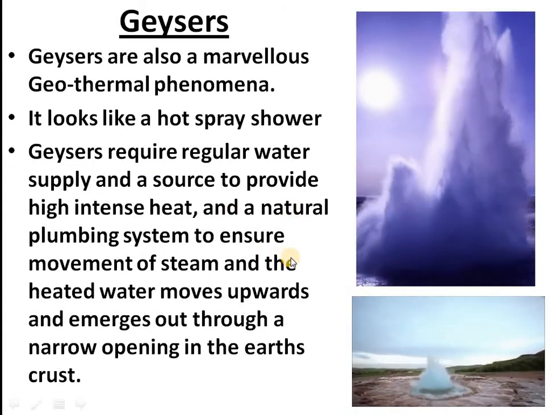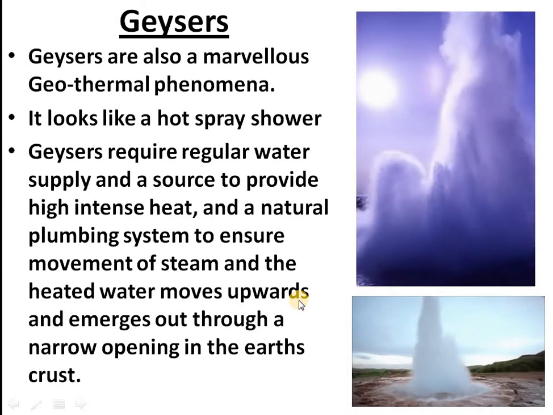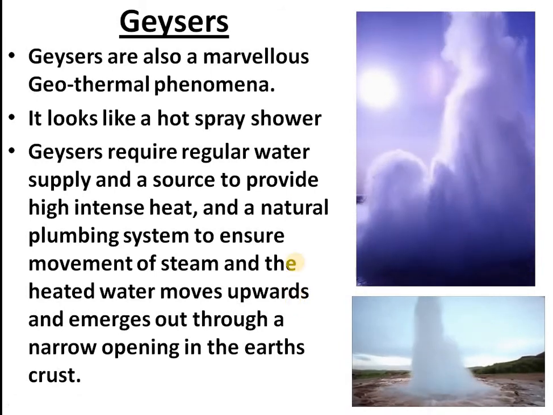And a natural plumbing system to ensure movement of steam. The heated water moves upward through certain fine, narrow holes in the crust and emerges through a narrow opening in the crust. That is why the fountain is formed.